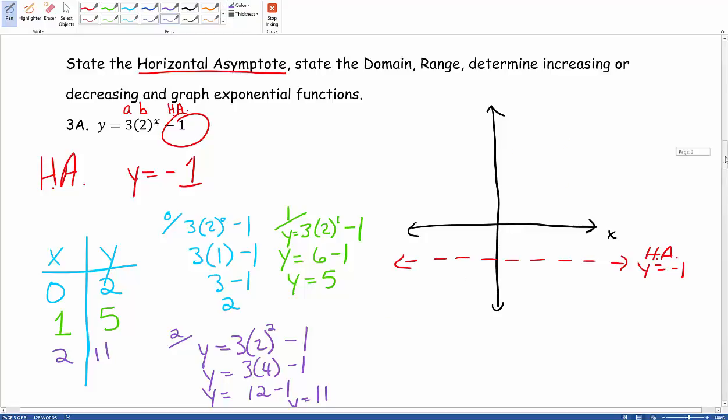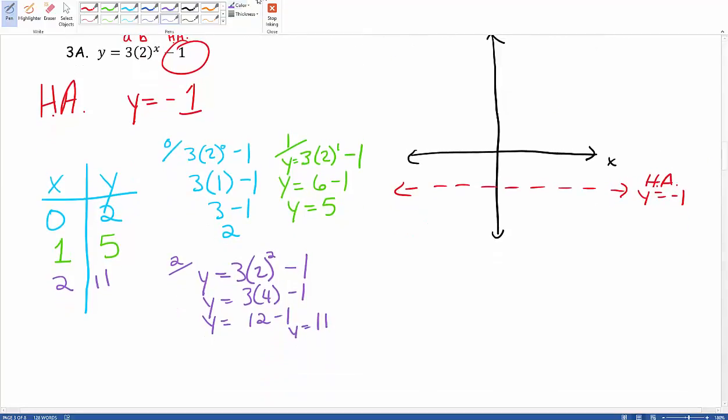One more point, we'll go ahead and maybe go back to negative 1. So if we plug in negative 1 for our x value, we end up then with y equals 3 times 2 raised to the negative first minus 1. But again, we can't have negative exponents, so we're going to put this on the bottom, that base 2 on the bottom. It is raised to the now positive first power, and we know that we have a 1 on top, minus 1.